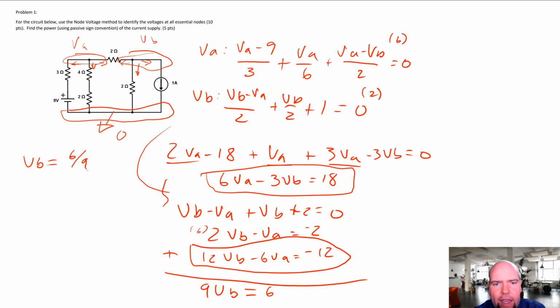And plugging back in for VA then, I guess we'll just do it here. Yeah, let's use this one here. So VA equals 18 plus 3 times 6/9, divided by 6.